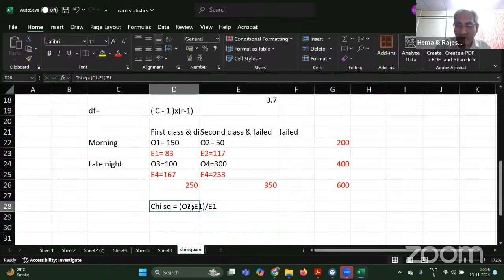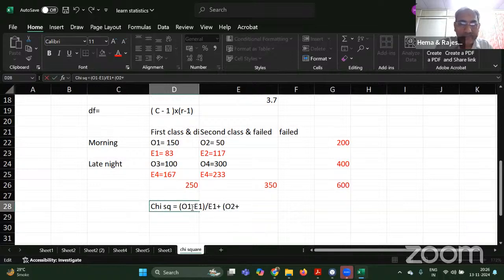Same way, once we do this, we go on adding other cells also: plus O2 minus E2, the expected value, divided by E2. We make a square of it. Why do we make a square of it? Because we want to remove the minus sign.